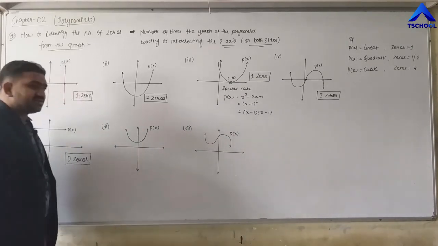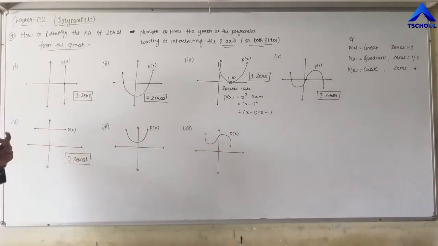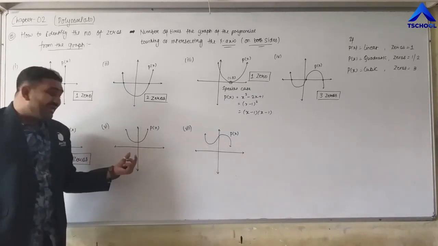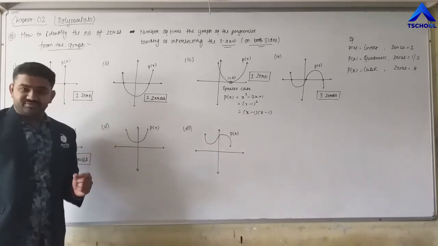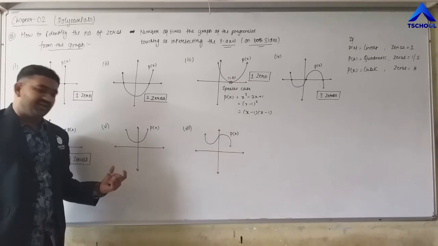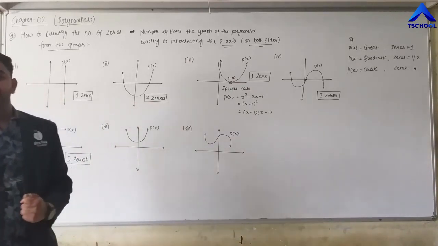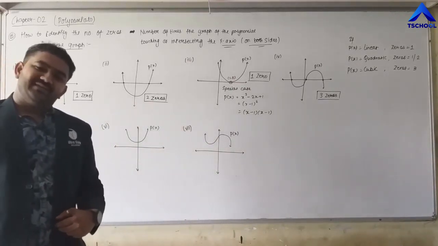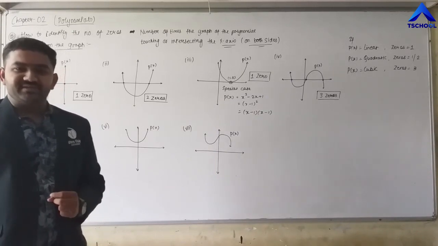In case number 6, you can again see that there is a quadratic polynomial. This quadratic polynomial is slightly above the x-axis. You can see some gap over here, right? If it is slightly above the x-axis, it will not touch the x-axis, neither will it intersect the x-axis.